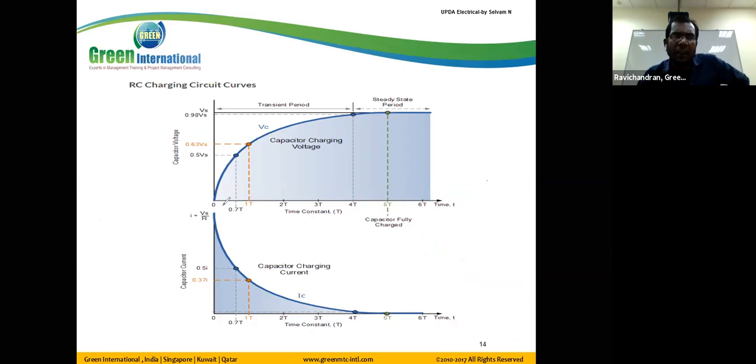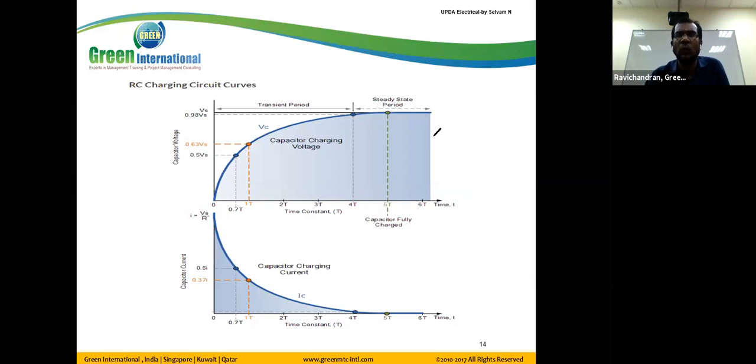Similarly, at t equal to 0, the current is maximum, and at steady state, the current is equal to 0. That we discuss in the next slides.